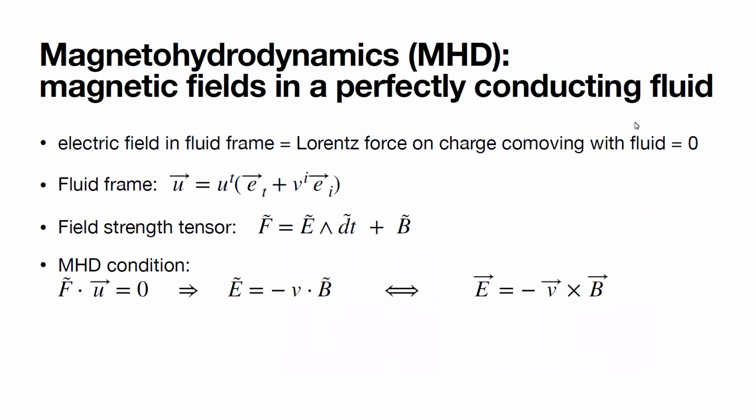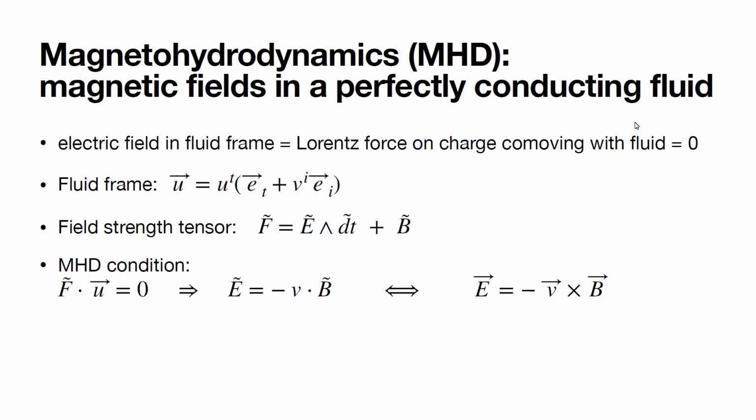All right, so now let's put our field in with a fluid. If our fluid conducts, there will be no electric field in the fluid frame. So we can just make the Lorentz force on a charge co-moving with the fluid equal to 0. That means relativistically I just have to dot my field strength tensor into my 4-velocity, and I get a nice condition for the electric field.